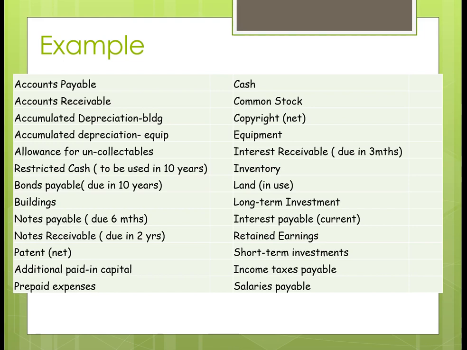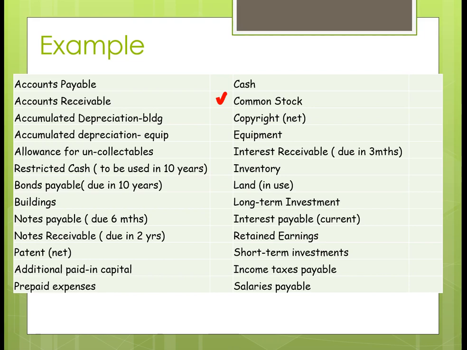So now what we're going to do is we're going to look at this example, and we're going to first look at what falls within that classification of current assets. And we're going to start with our list on the left and then work our way to the right. So the first thing we're going to notice is accounts receivable. Accounts receivable are never going to be beyond 1 year.